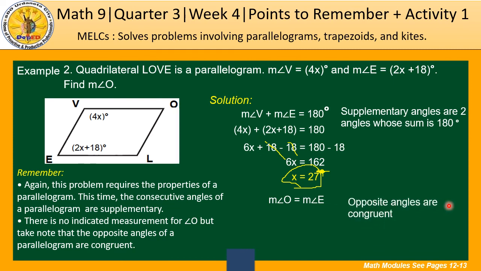So opposite angles are congruent. 2x plus 18, then let us substitute 2x by 27 plus 18. So 2 times 27 is 54, plus 18, is 72. So the answer is 72 degrees.